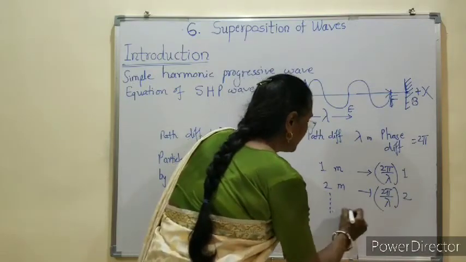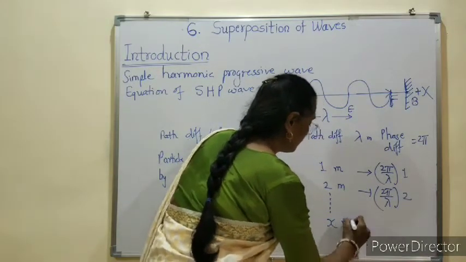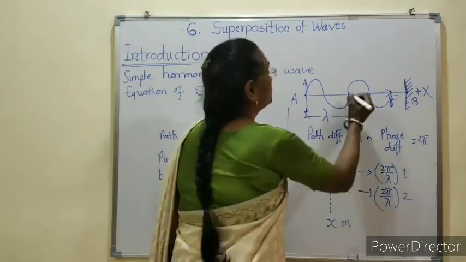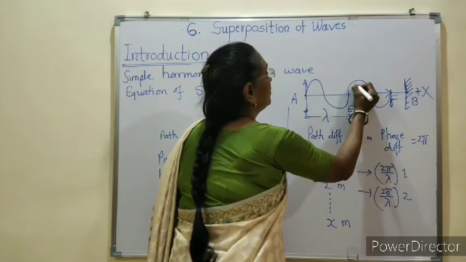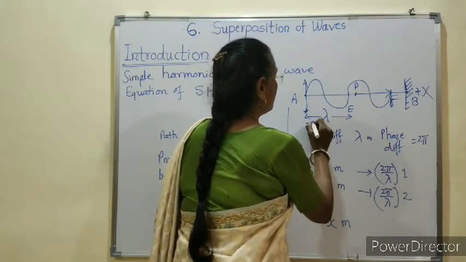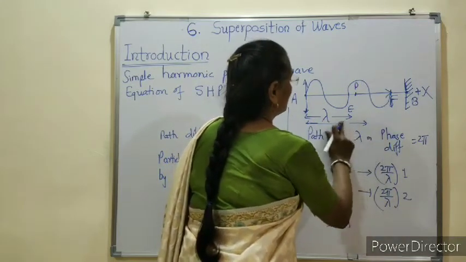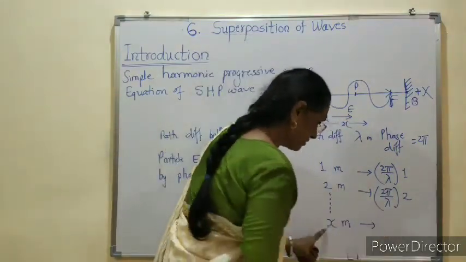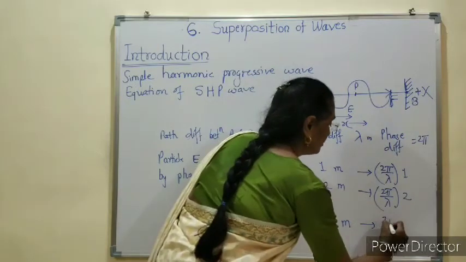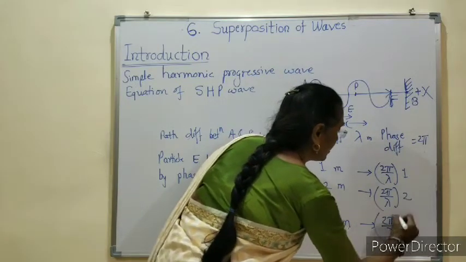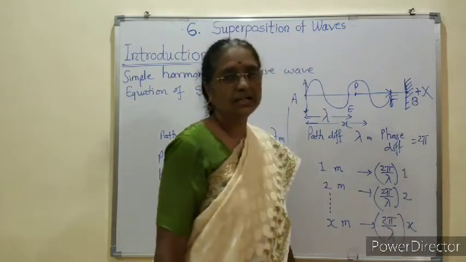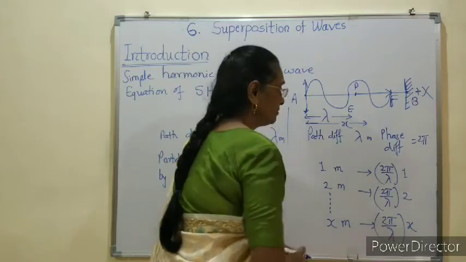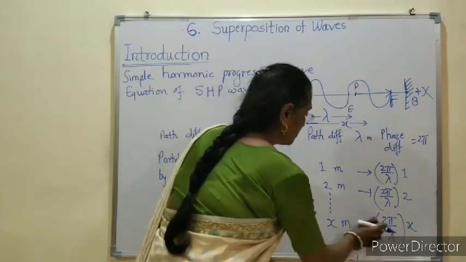If the particles are separated by x meters, suppose we take the particle P at distance x from the source, then for a path difference of x meter, the phase difference is twice pi upon lambda into x.